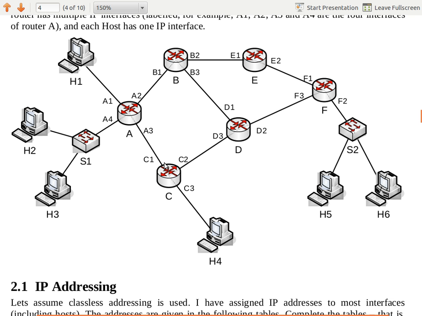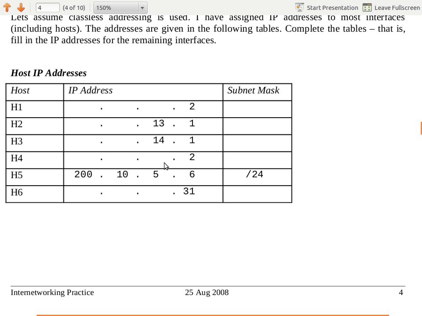What do we get for F2? 200. Let's look at H5 and H6. H5 is 210.5.6/24, meaning the first 24 bits of this address are the network portion, and meaning therefore F2 must have the same first 24 bits.